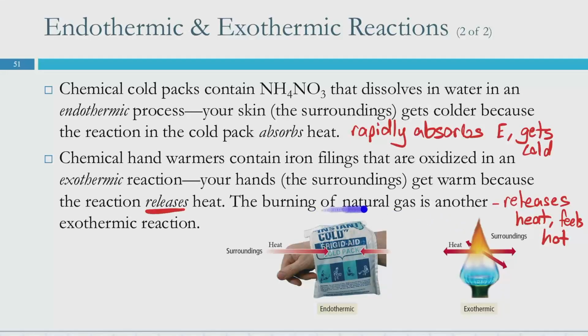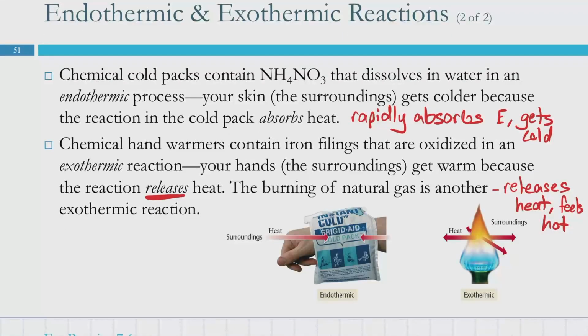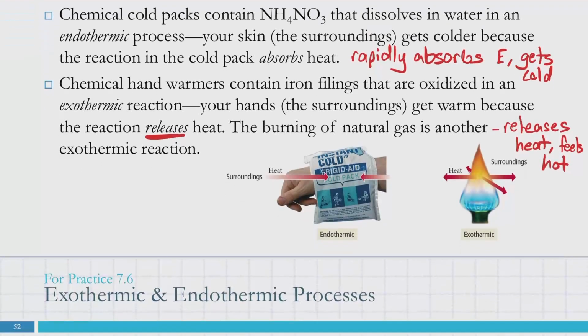Burning of natural gas is another exothermic reaction. If you've ever opened an old pack of those hand warmers, sometimes they're duds after the best by date. Presumably the iron filings have already reacted with whatever trace amount of oxygen was in the pack, or you opened it maybe and didn't use it right away, and it's just been sitting in a package, slowly reacting over time.